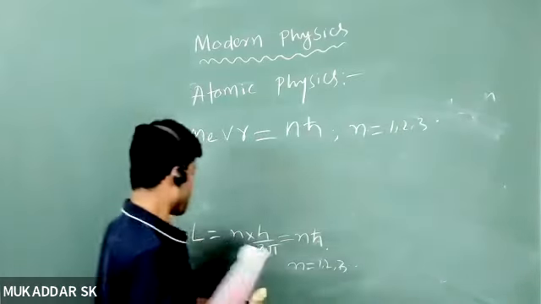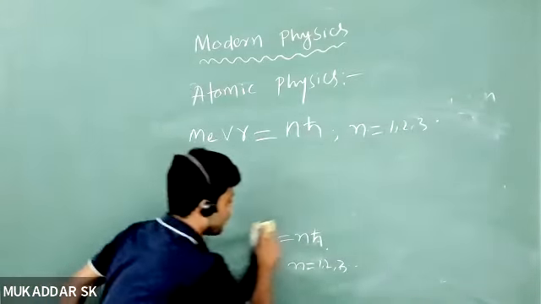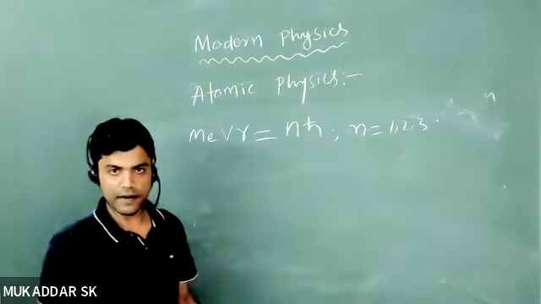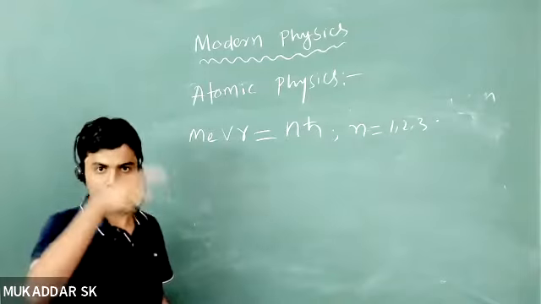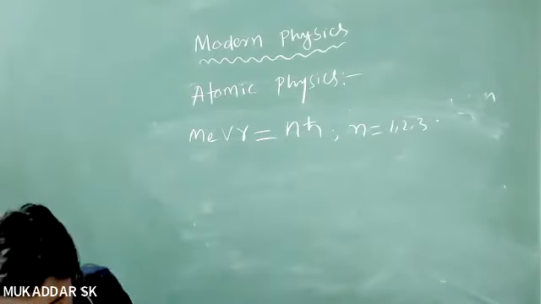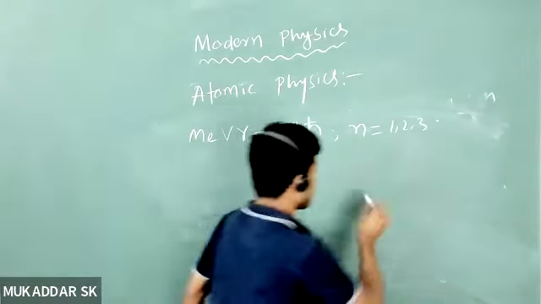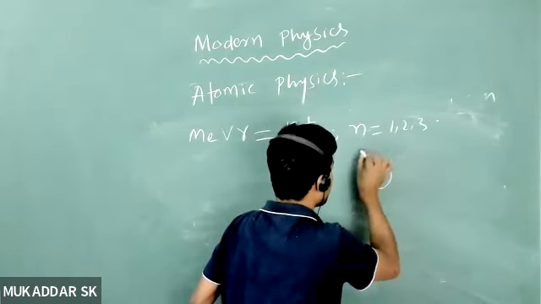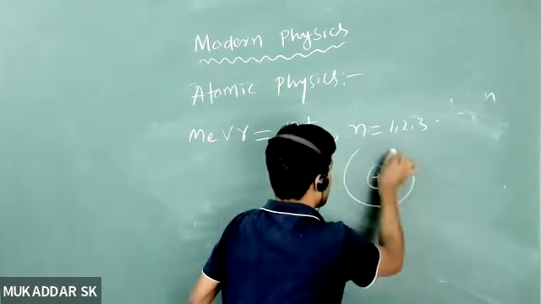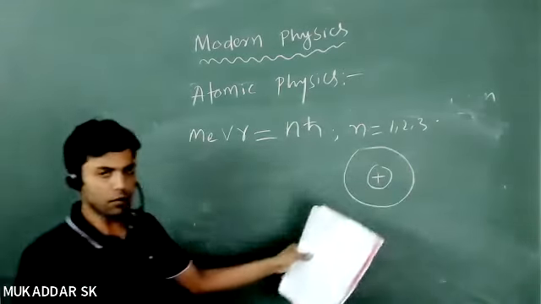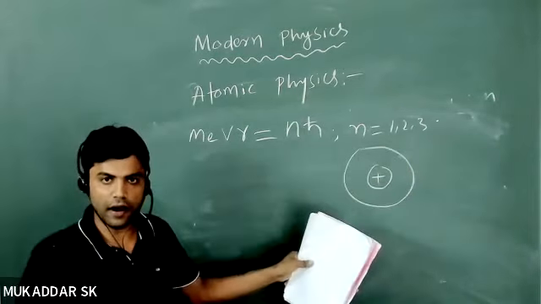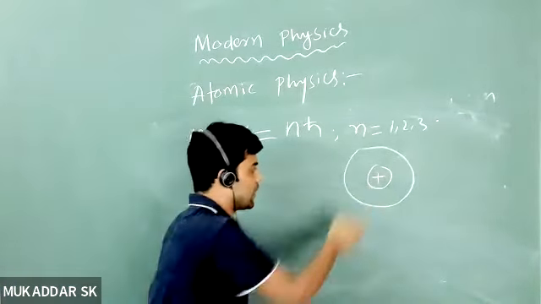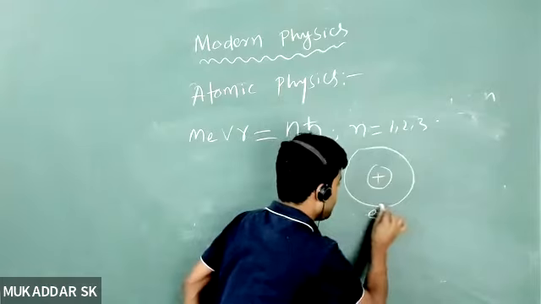Now you see, you have a positive charge sitting at the nucleus, and the electron is negatively charged and orbiting, is it not? If you see the structure of the atom, you have a positively charged proton at the nucleus. For the time being, I am doing the calculation only for the hydrogen atom. So for the hydrogen atom, you will have a proton at the nucleus, and the electron is revolving around it.